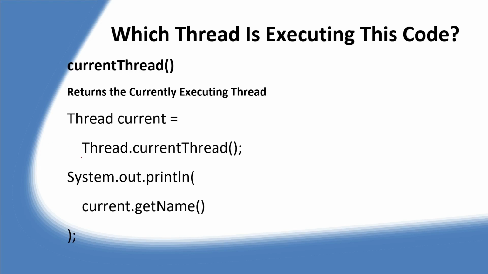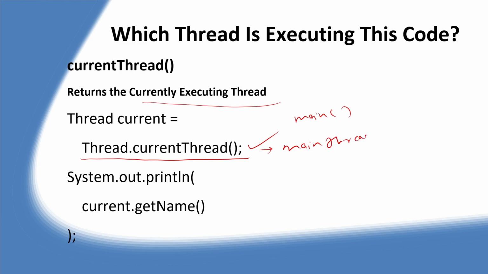So here we are calling Thread.currentThread, and it will return the currently executing thread. For example, if we call it inside the main method, we will normally get the main thread. Why? Because the main thread is calling this method.